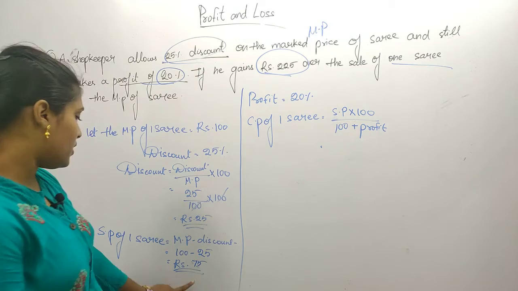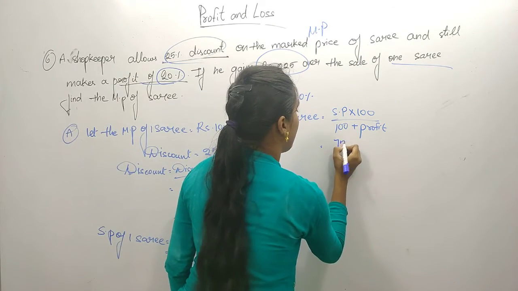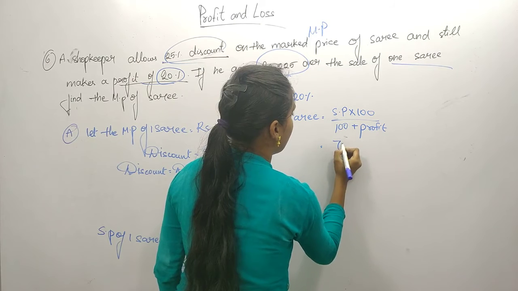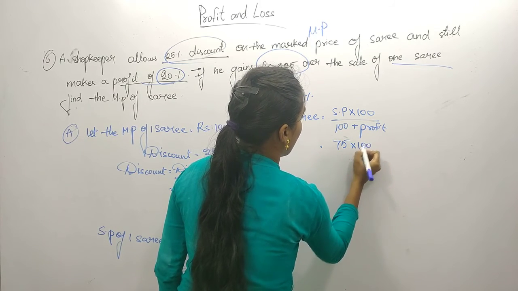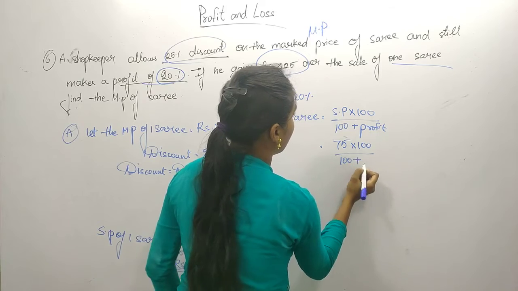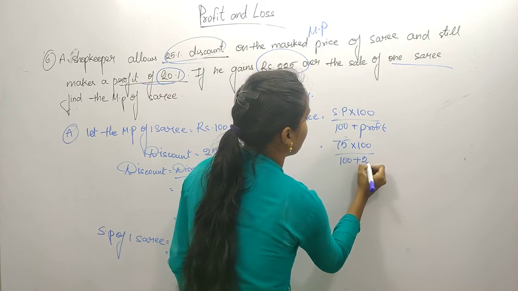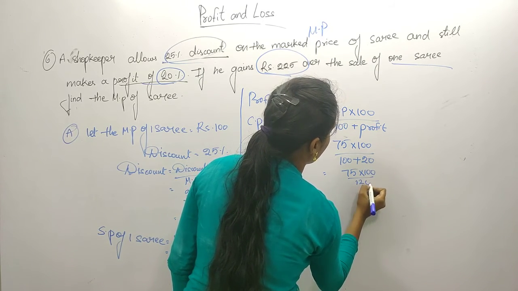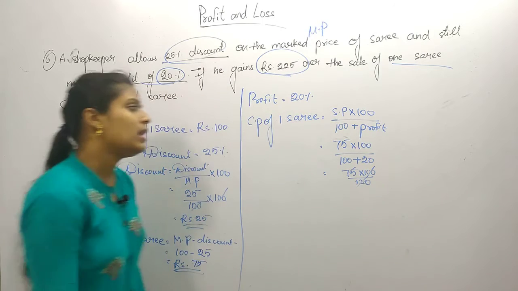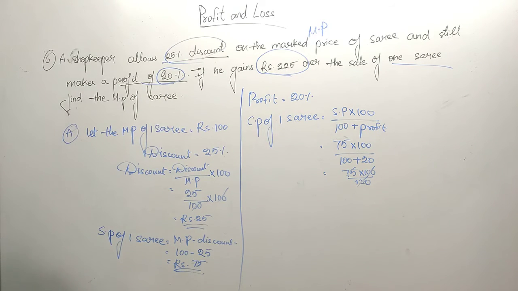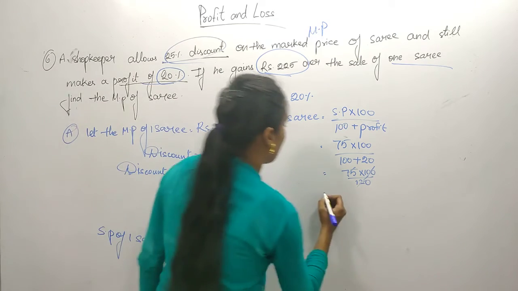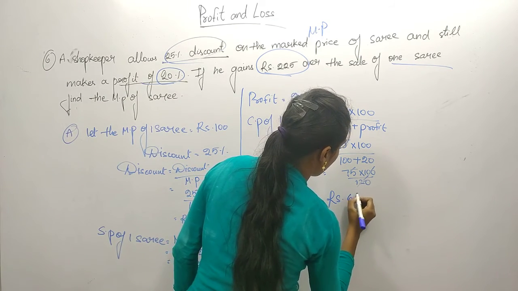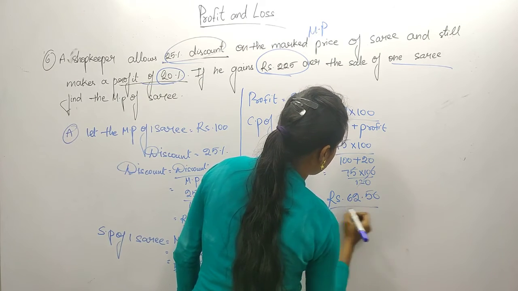Selling price, what answer did we get here? 75 into 100 by 100 plus profit, which is 20. Okay, 75 into 100 by 120. After doing the cancellation, what answer will we get? Cost price, rupees 62.50. It is the cost price we found out.